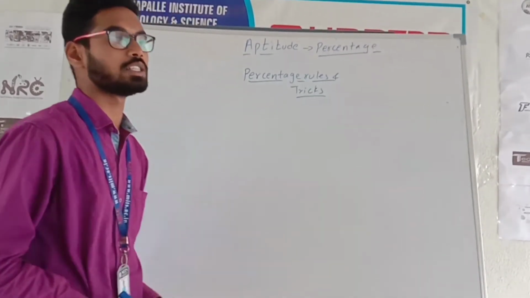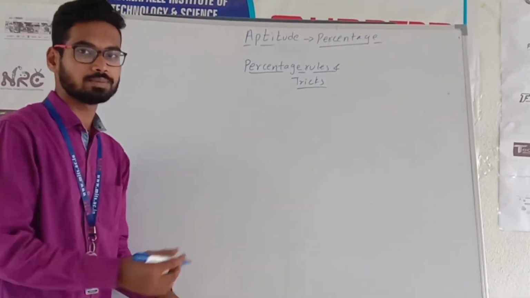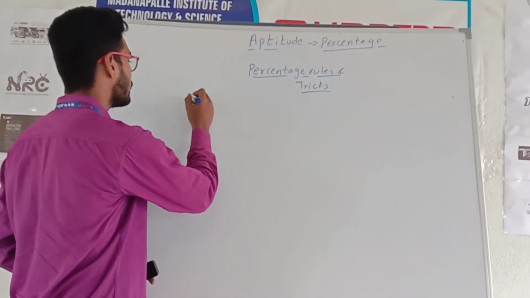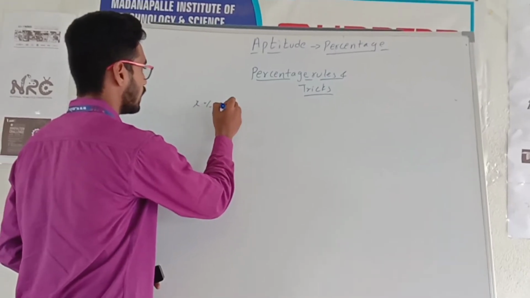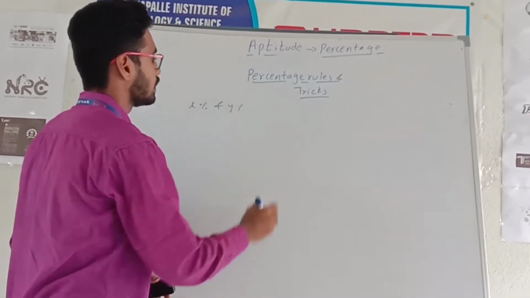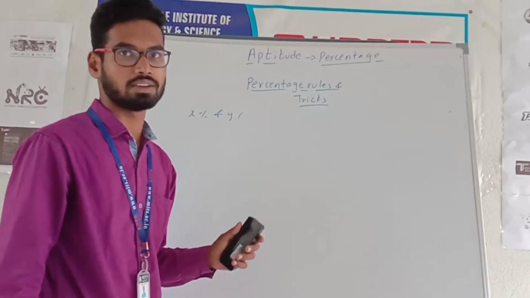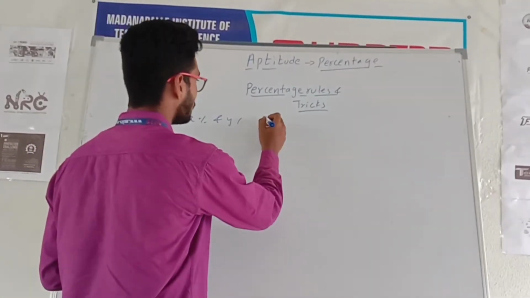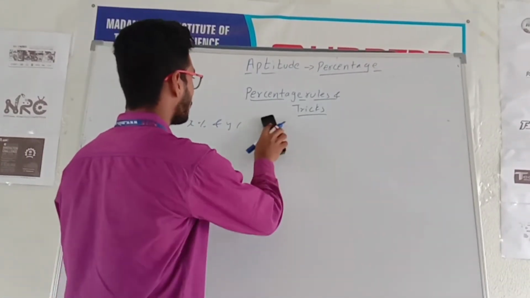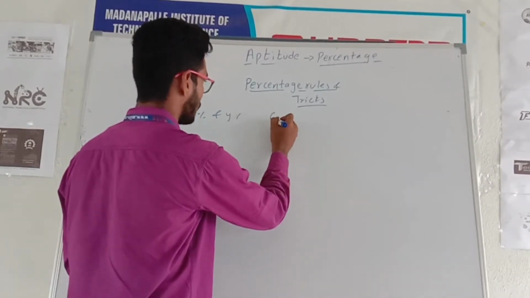Let us explain it on the board. Let us take an example where x percentage and y percentage are the two values, given in a percentage format, and take another number as c.